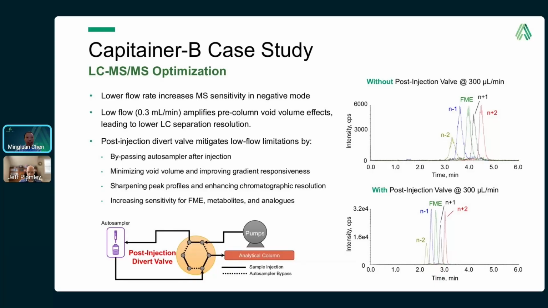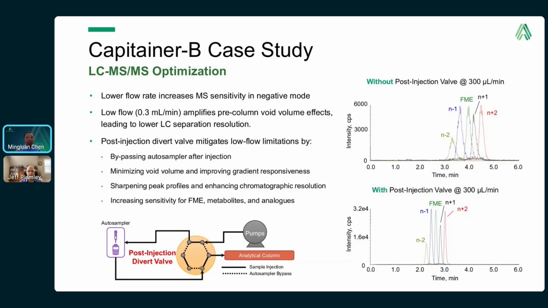To address this, a post-injection divert valve was implemented. Immediately after the injection, the autosampler is bypassed, allowing the LC pumps to connect directly to the analytical column. This minimizes the autosampler and tubing dead volume, improves gradient responsiveness, and reduces peak dispersion.